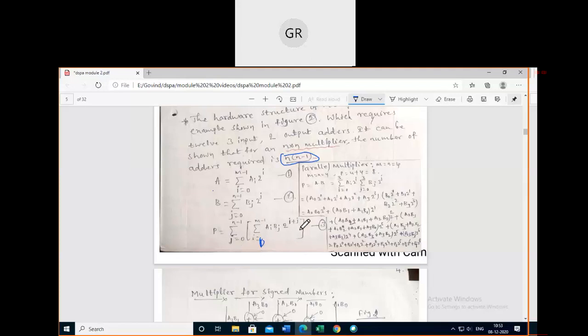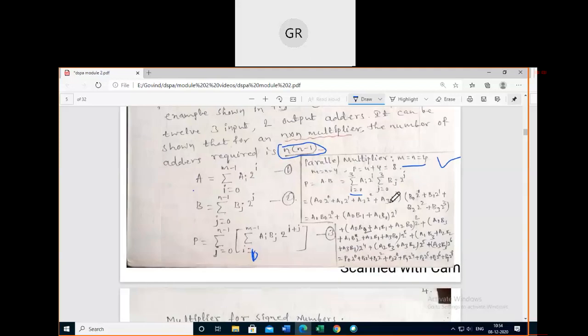Here consider m equal to n equal to 4. Then we can write the summation of i equal to 0 to 3 of ai 2 raised to i, times the summation of j equal to 0 to 3 of bj 2 raised to j. Expand this summation and expand this summation.